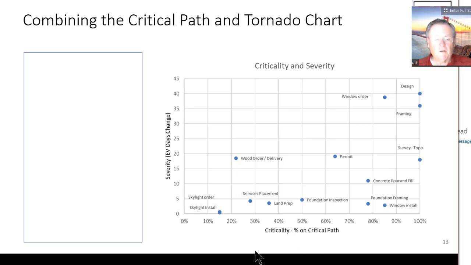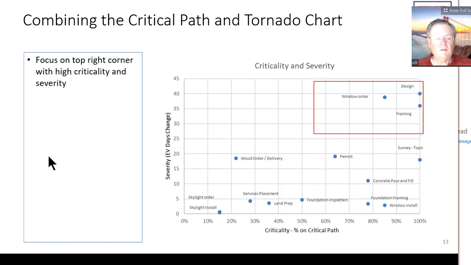So what we're really looking for is things that are up in here, up in this top quadrant. Those are the ones we want management to focus on. So this is going to be the framing and the window order and the design. Those are the things where we can have the biggest impact on our project.